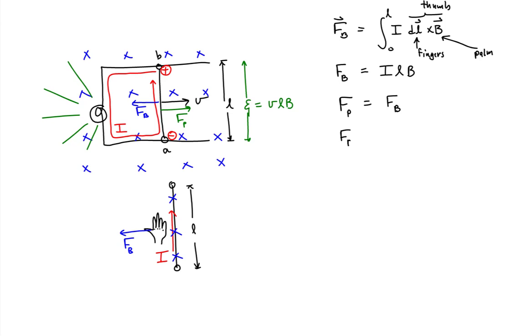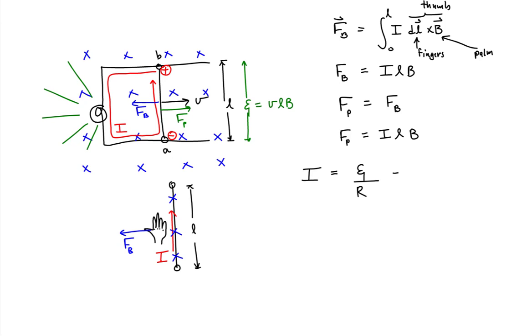So that means that this pulling force is simply the product of the current in the wire, the length of the wire, and the magnetic field. We know the length of the wire. We know the magnitude of the magnetic field. We don't know the current. However, we do know that the current induced in a conducting loop moving through a uniform magnetic field is equal to the induced EMF over the resistance.